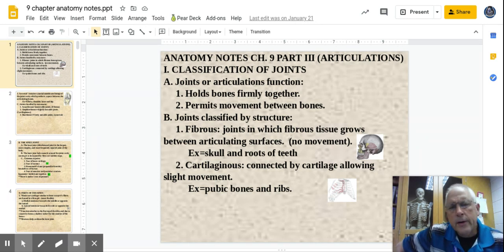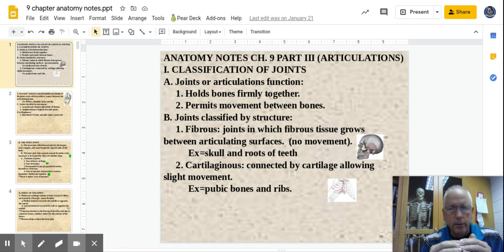So we classify joints a couple different ways. That's what's confusing with joints. Let's start with the simple one first. Joints classified by structure, and here's that non-movement thing. So fibrous joints is where, for example, in your skull, the parietal, the temporal, the occipital, the frontal come together as you're a baby and they fuse, and fibrous tissue grows between the two bones that come together and fixes them in place, so they're not going to ever move.